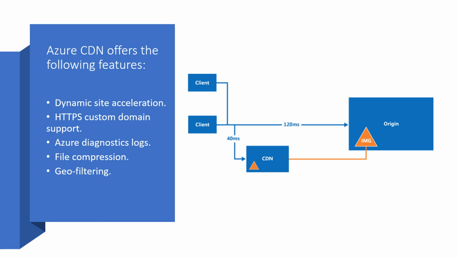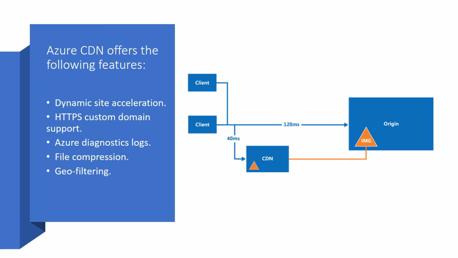Second, it also offers HTTPS custom domain support, which enables encrypted connection to custom domains such as https://www.xcompany.com. Third, we have a feature called Azure diagnostic logs, which helps to view core analytics information and send the data to an Azure Storage account, Azure Event Hub, or Log Analytics workspace.